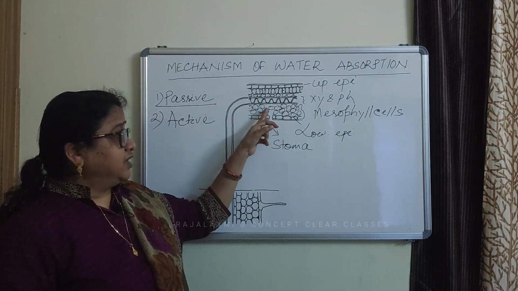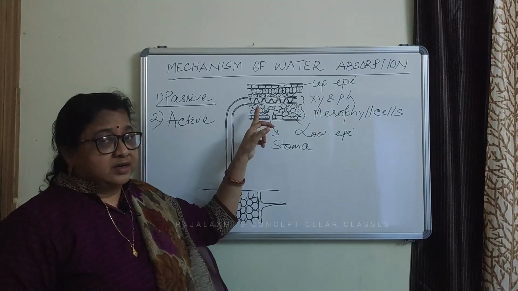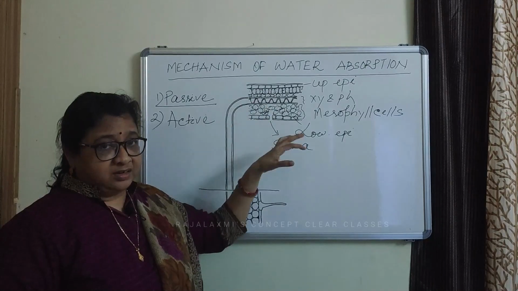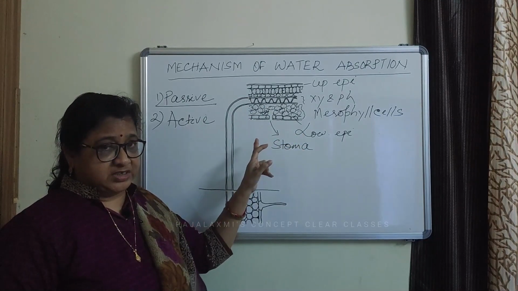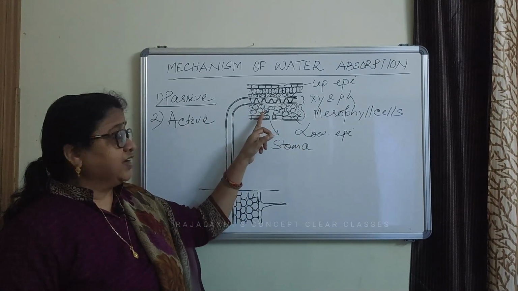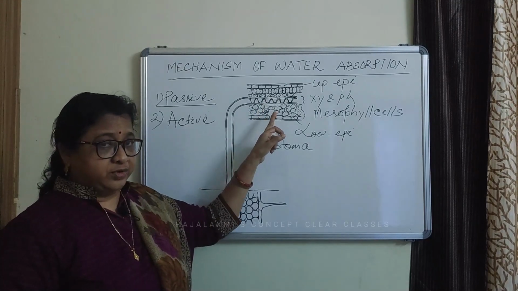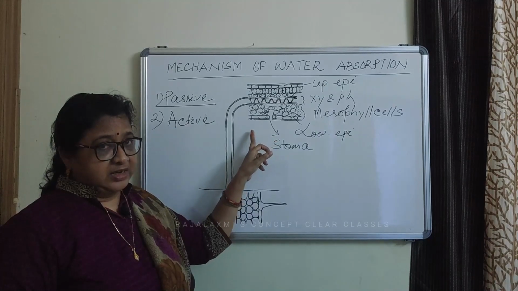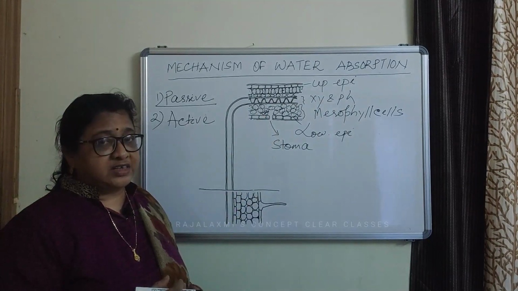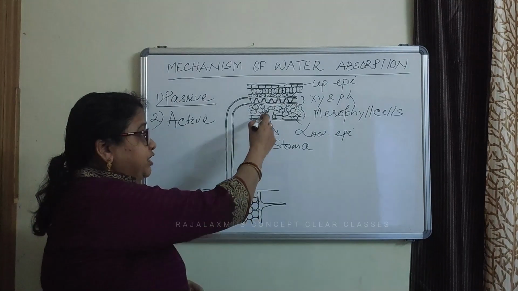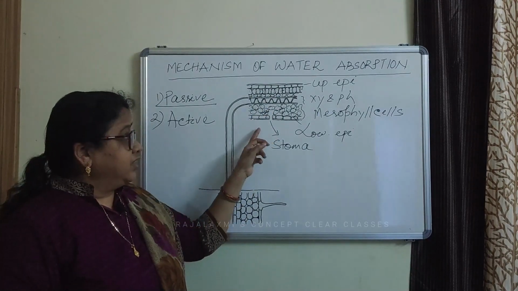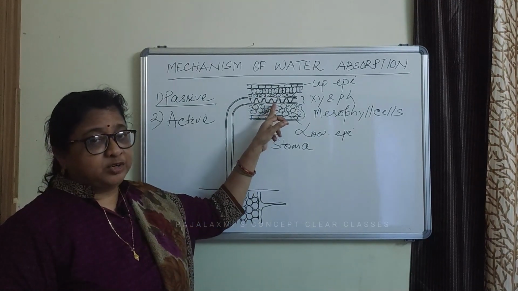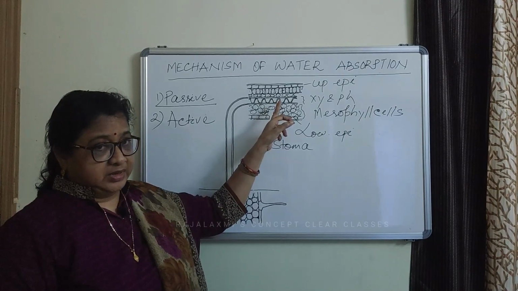Again, this cell has lower water potential and higher diffusion pressure deficit. So due to the higher DPD, it will absorb water from another adjacent mesophyll cell. In this way, water is absorbed from the mesophyll cells until it reaches the xylem of the leaf.